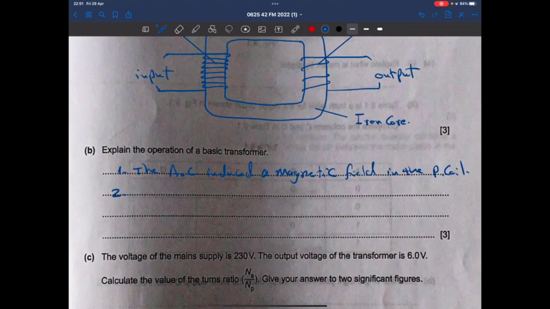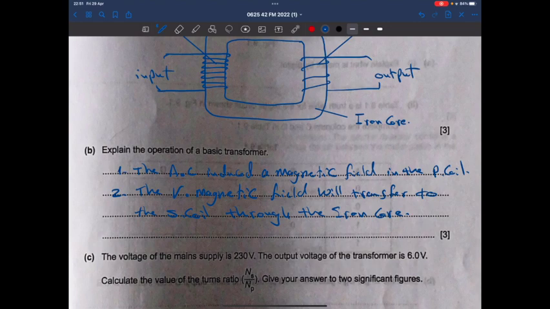Number 2, the variable magnetic field will transfer to the secondary coil through the iron core.